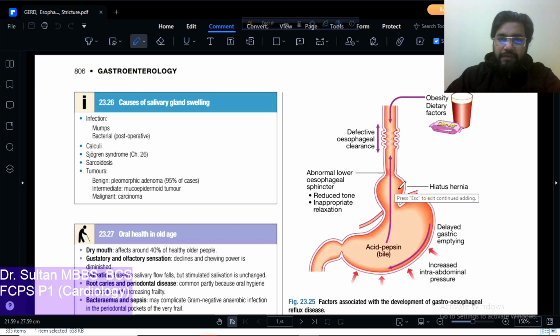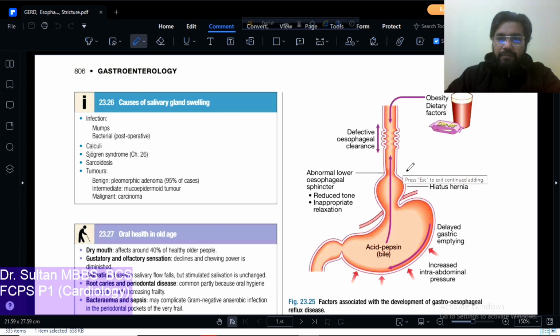If there is dysfunction in the lower esophageal sphincter, there will be reflux disease. How does it occur? The lower esophageal sphincter has some dysfunction, like its tone is reduced and it is associated with inappropriate relaxation. So what will happen? The contents in our stomach will jump into the esophagus and it will cause the reflux disease.